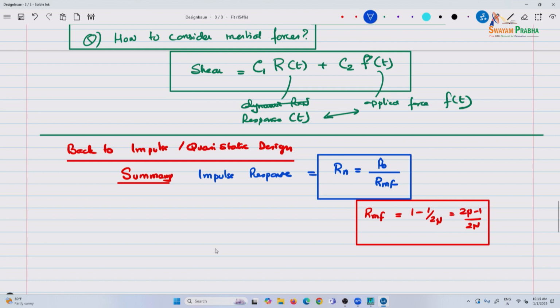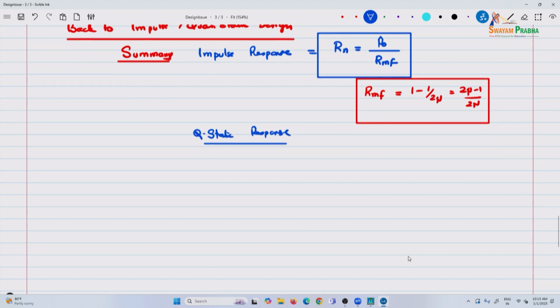the second one we saw was the quasi-static response. The quasi-static response we saw is given as RMF is equal to square root of 2 mu minus 1 divided by pi Td by Tn.